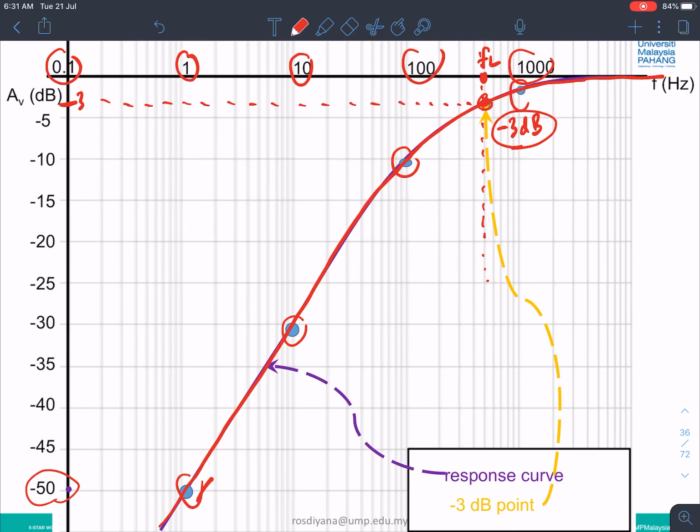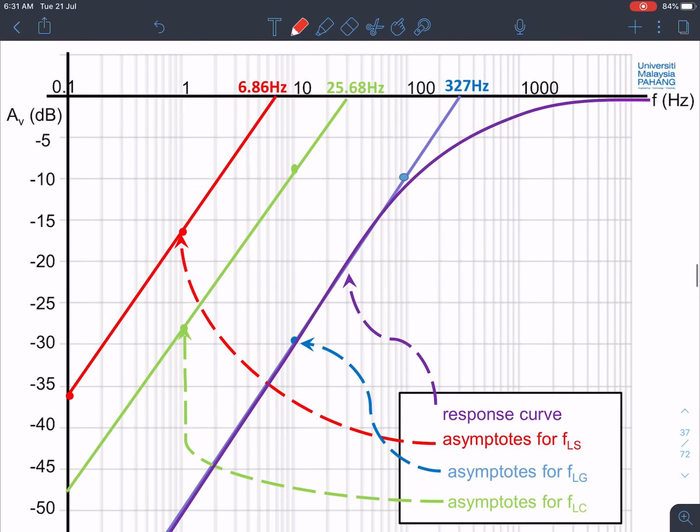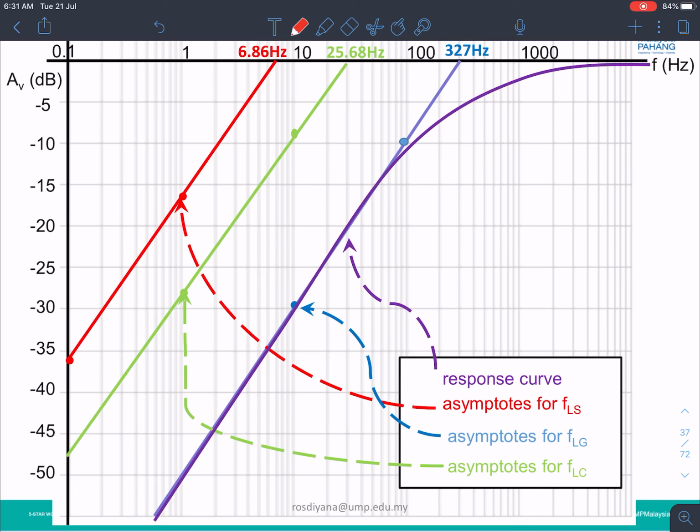So when I combine all these graphs, the curve and the asymptotes, we get something like this. Previously we made these lines and then the curve. If you see, the asymptote for this one is the nearest. It shows that the actual response happened because of this frequency.